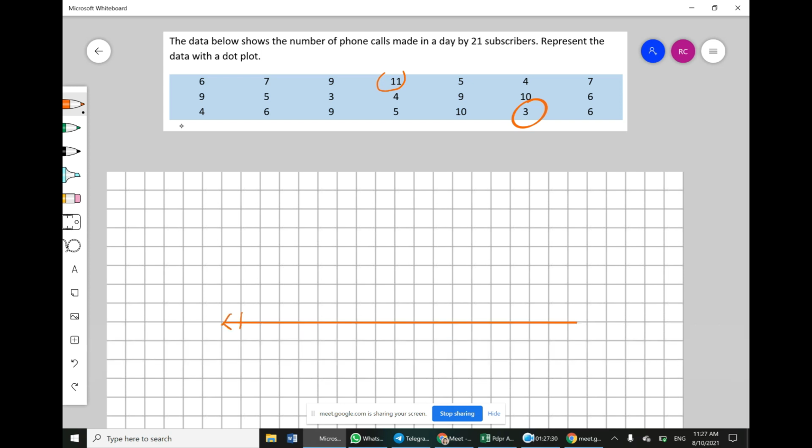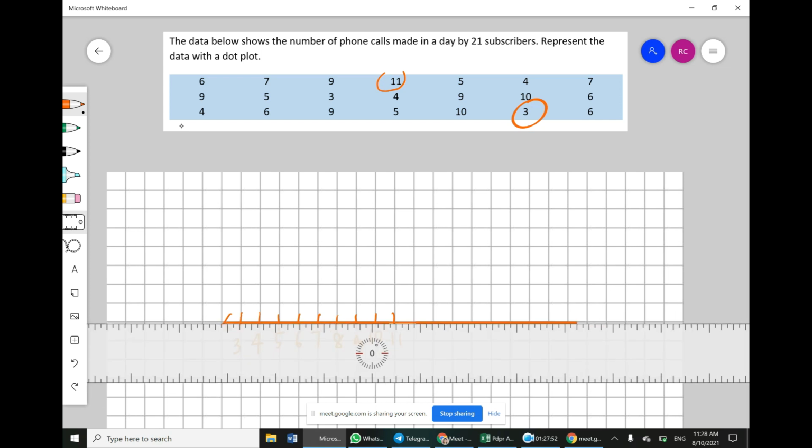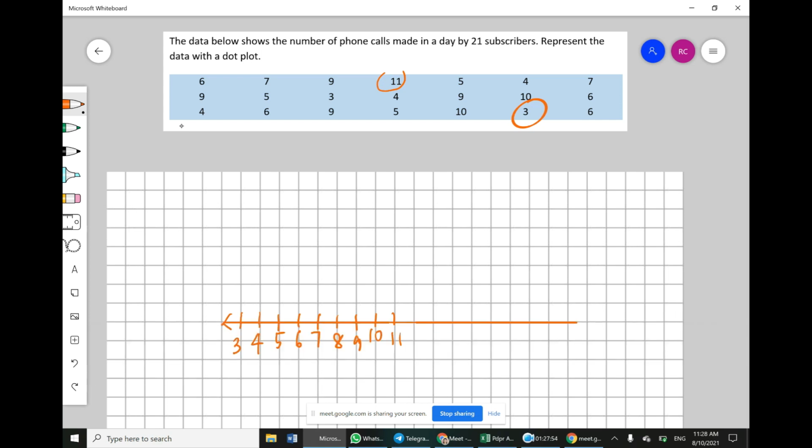I'm going to start with the lowest value, that is 3, then 4, 5, 6, 7, 8, 9, 10, 11. Up to 11 only. Fill back the missing part and your arrow.